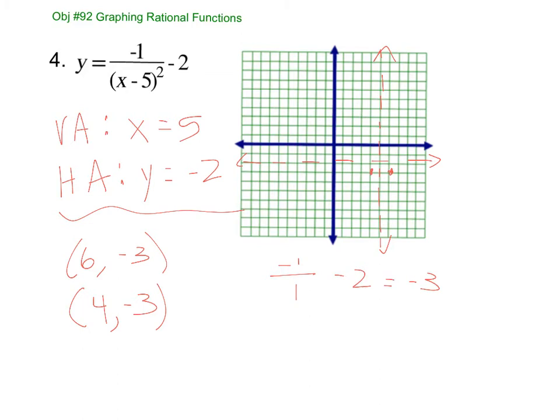So we could just plug in 7. Let's see, if I plug in 7, that gives me negative 1 over 4 minus 2, so negative 2.25. So we have to estimate sometimes, but that's okay.